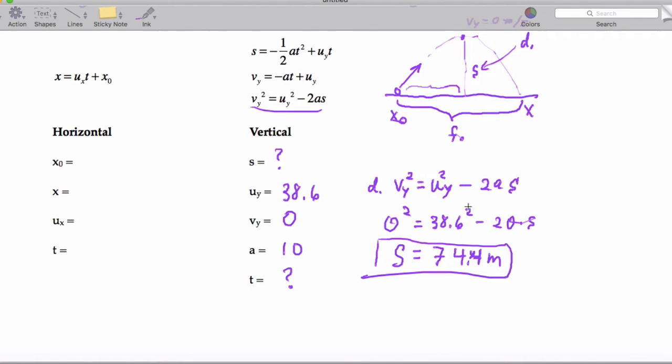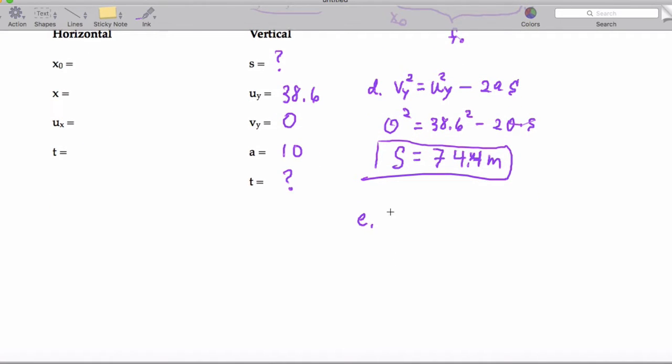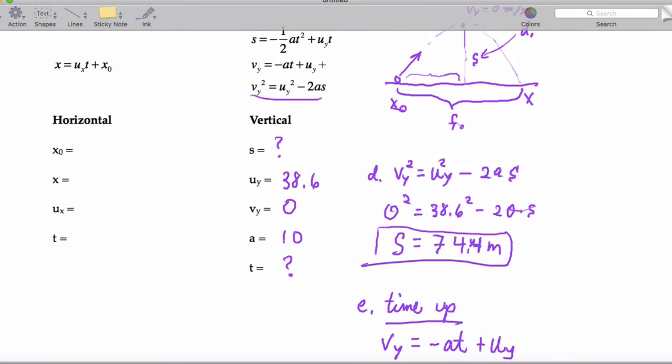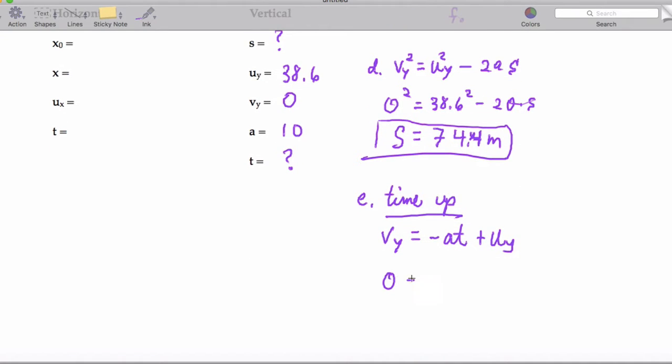Now, for the time it takes, the time up is given by Vy equals negative AT plus Uy. Again, use the formulas that I've given you here. So 0 is negative 10 times the time plus 38.6.